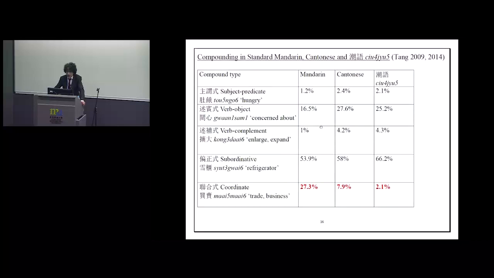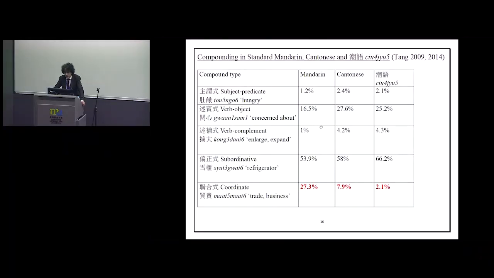And an interesting fact in this connection is the prevalence of different types of compounds. This is a corpus study comparing a corpus of Mandarin, Cantonese, and Cantonese Chiyu words by Professor Tang.